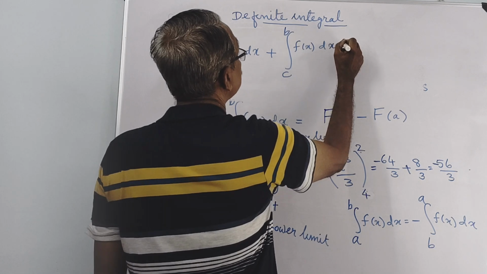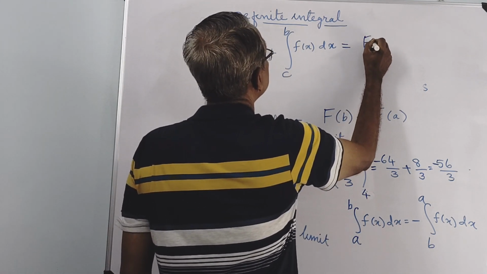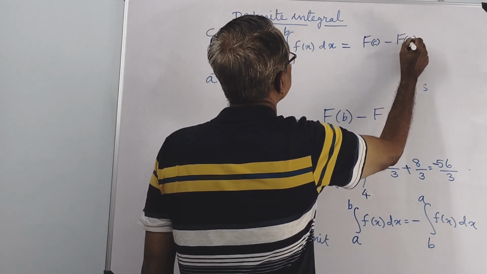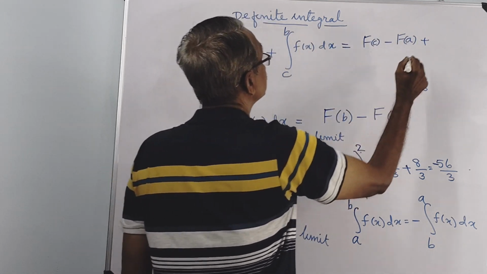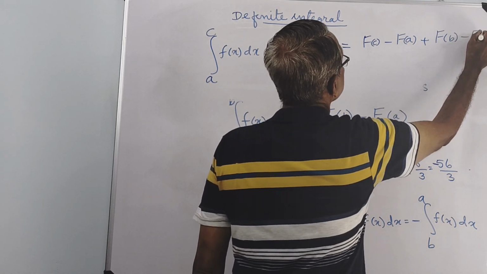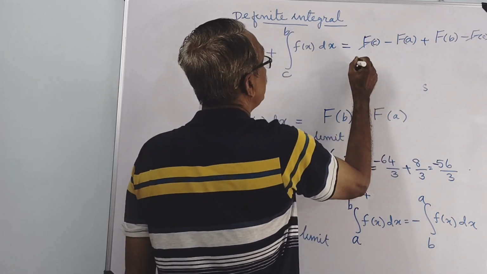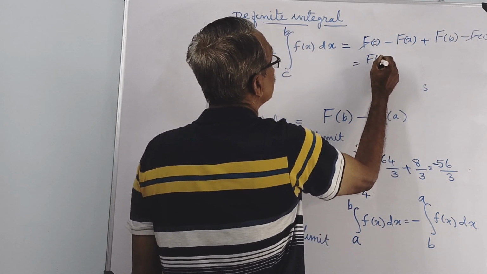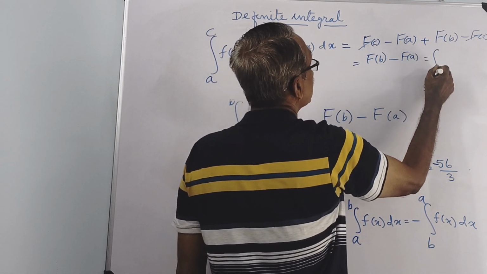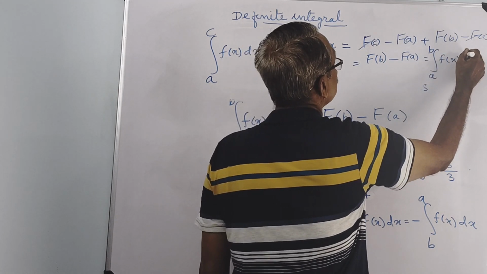And we know that this is equal to f(c) minus f(a) plus f(b) minus f(c), and this f(c) will cancel, and this will become f(b) minus f(a), which is nothing but integral a to b f(x) dx.